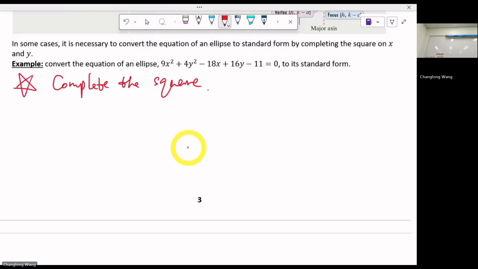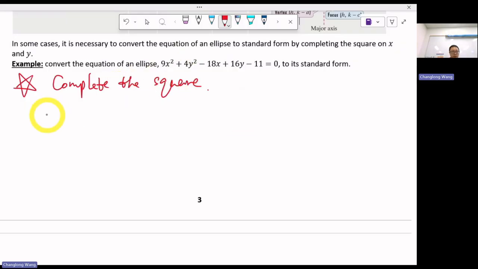But this works only if you have 1 as the quadratic coefficient. We don't have that for this problem, but there's a way to work around it.